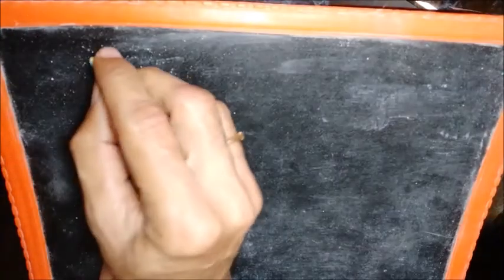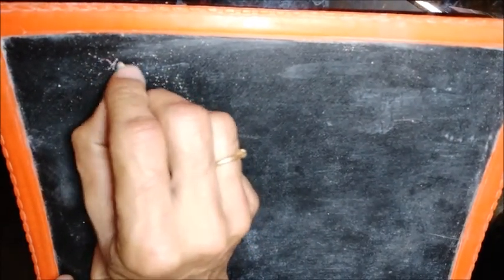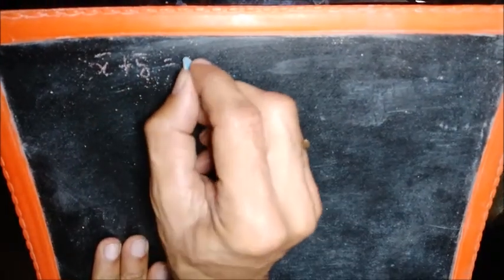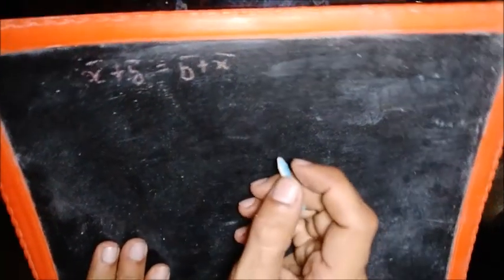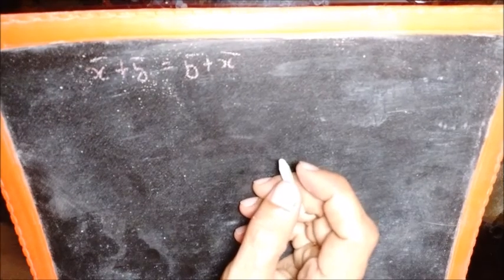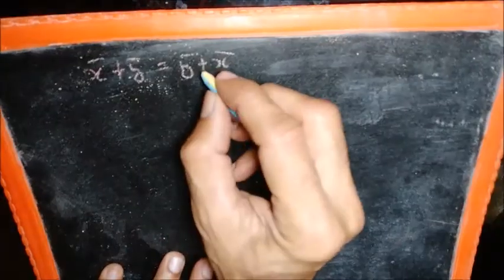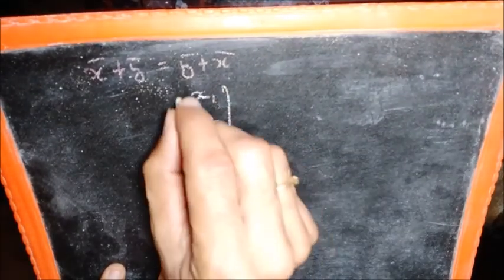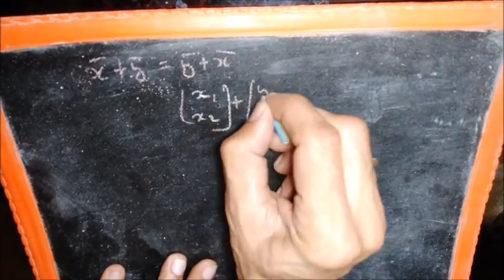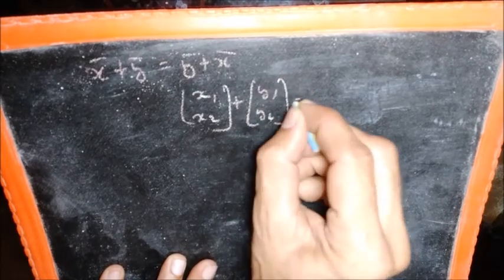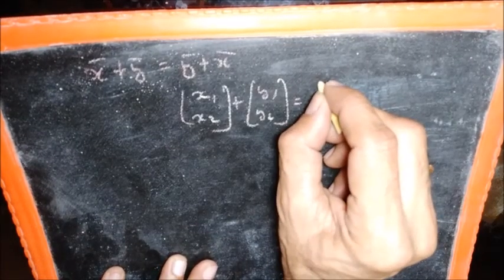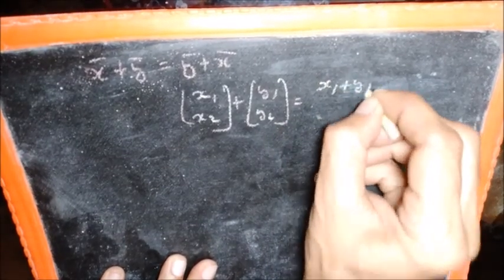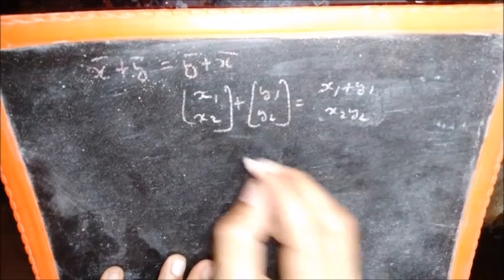So let us take the first case, x plus y has to be equal to y plus x. Now this will be easily satisfied. Let us verify quickly. X plus y we have already defined to be x1 plus y1, x2 y2.